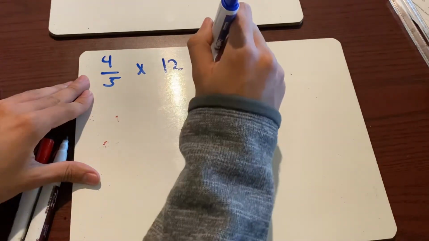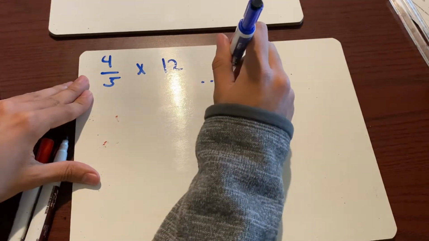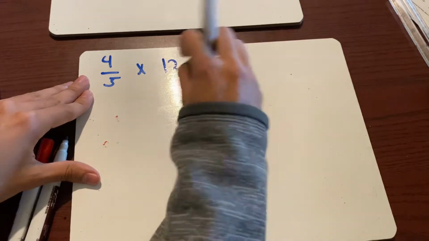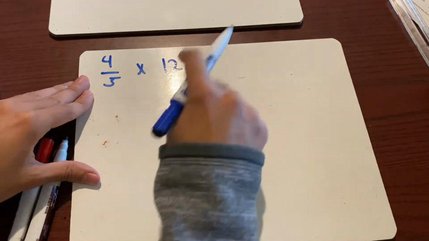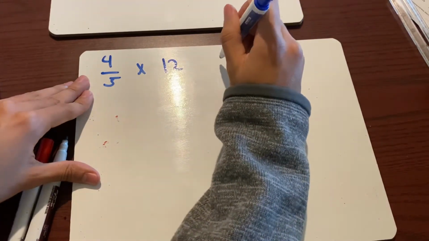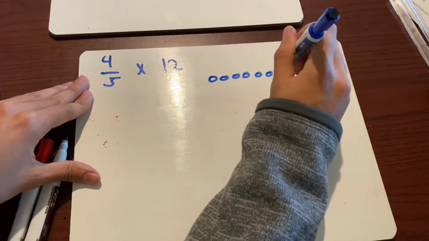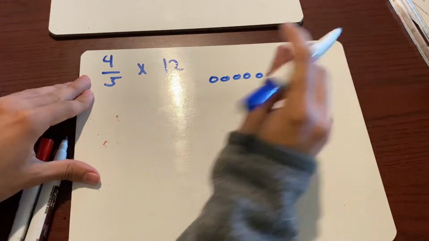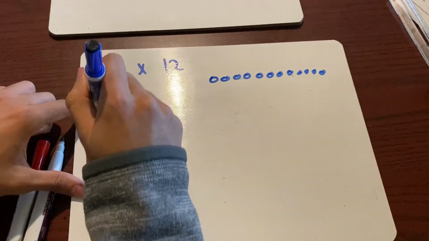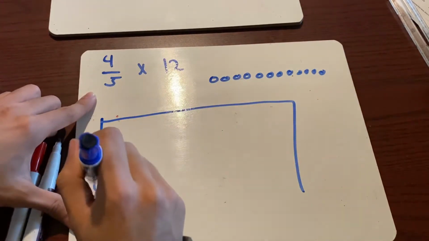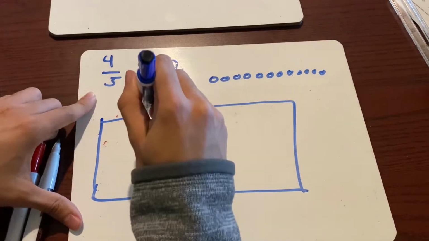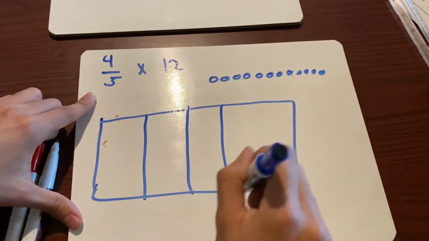Now I think what I want to do is use my standard algorithm, right? So first of all, I just want to draw my 12 total pieces so I know what I'm doing. 1, 2, 3, 4, 5, 6, 7, 8, 9, 10, 11, 12. I'm going to make 5 rows, 5 boxes. 1, 2, 3, 4, 5.